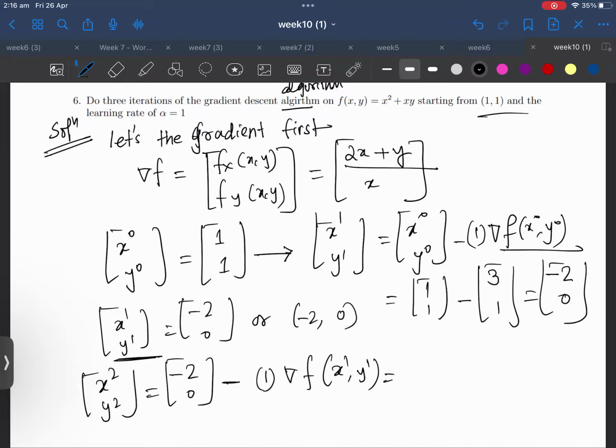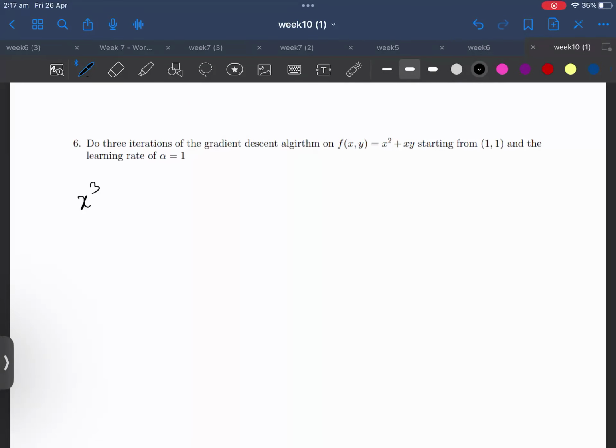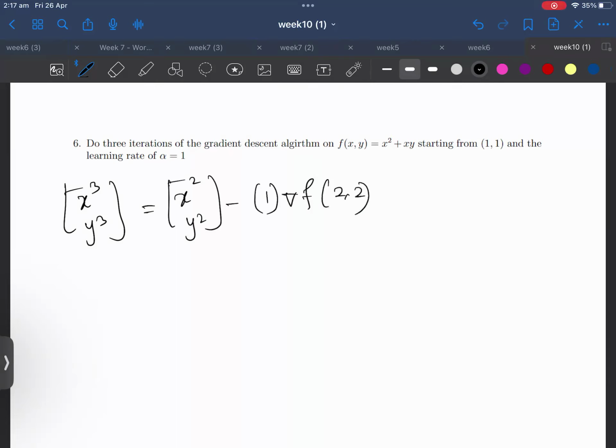So here minus 2, 0, and you can find minus 4, minus 2, so that will give you 2 and 2. Similarly, you can do x3 and y3. So you need to use x2 and y2 here, then 1 times the gradient of f at 2, 2. So 2, 2, 6 and 2 is here. Basically, that will give you minus 4 and 0.